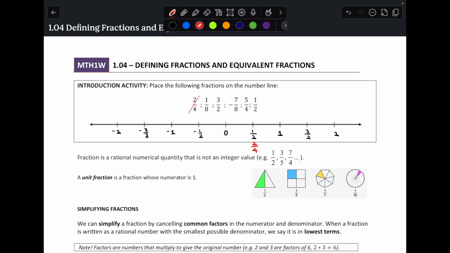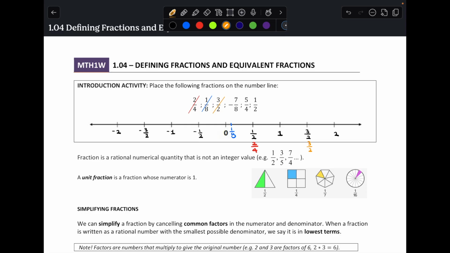When we look at 1 over 8, 1 over 8 gives us an answer of 0.125, and so that will be between 0 and 1/2. Next, we have 3 over 2, which is already represented on the number line, and so we can place that in the same spot as where it's labeled.